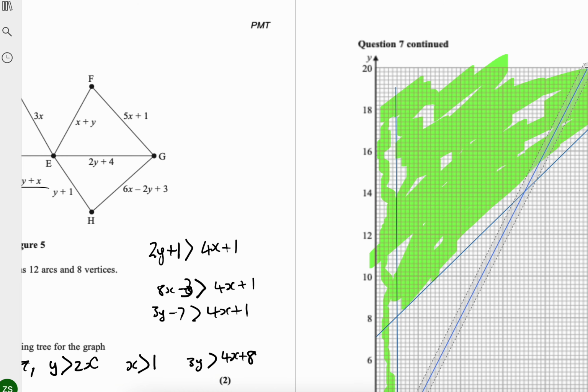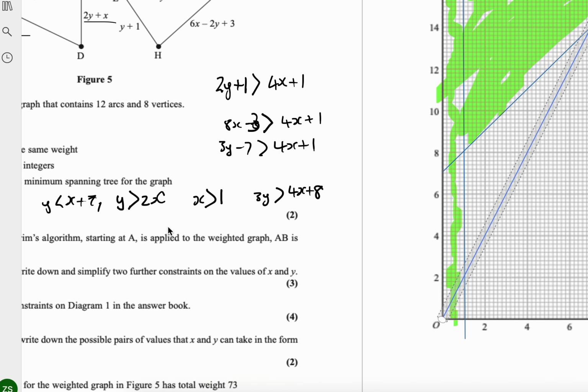Do we want y is bigger, so we shade below. Yeah, below. So our solution area is closing in quite nicely. Not many integer solutions.